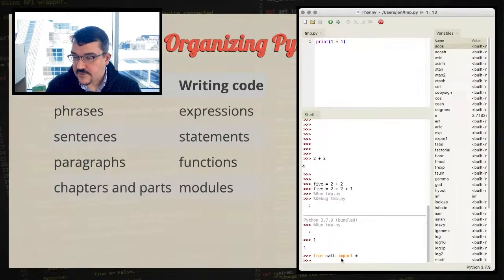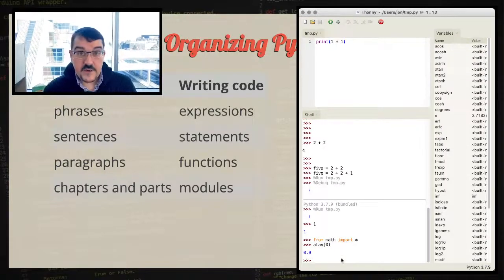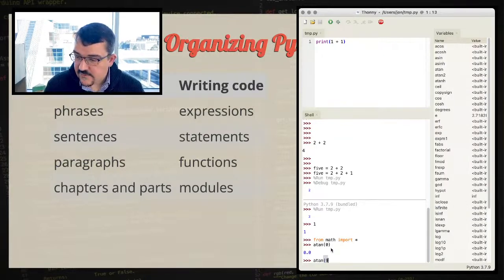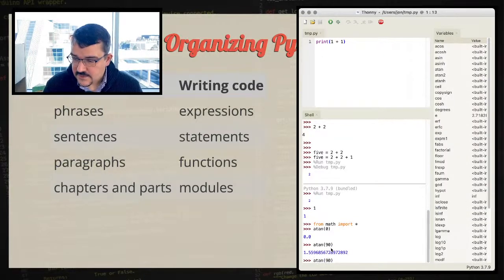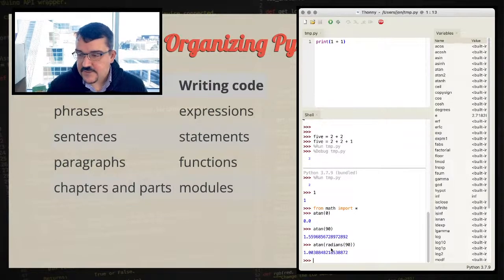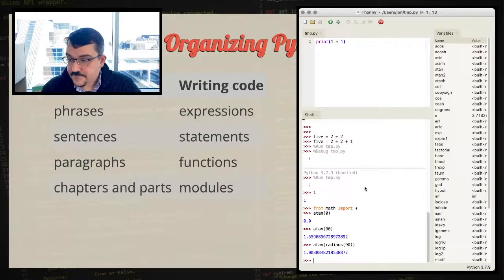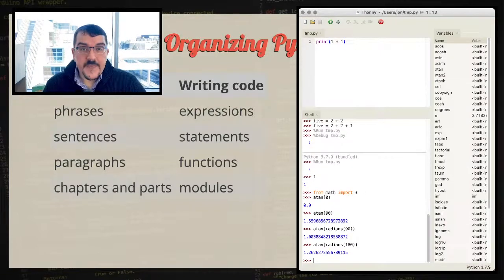So now we can use a function like the arctan. What is the arctan of 0? The arctan of 0 is 0. What is the arctan of 90? Well, it's something. What is the arctan of the radians of 90? Well, that is 1. Okay. Very good. So we've seen the math module.